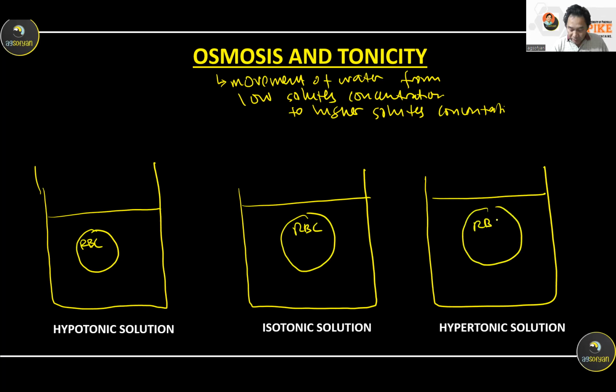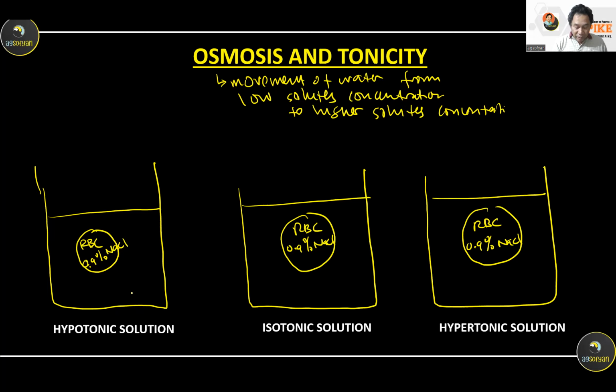Red blood cells actually have sodium chloride in them, around 0.9% sodium chloride.